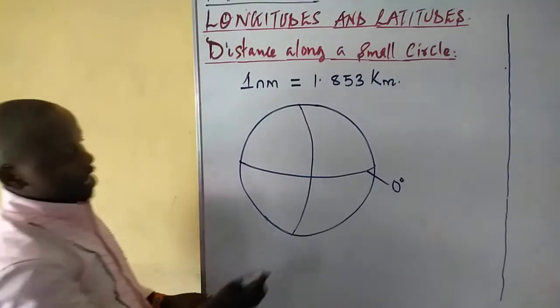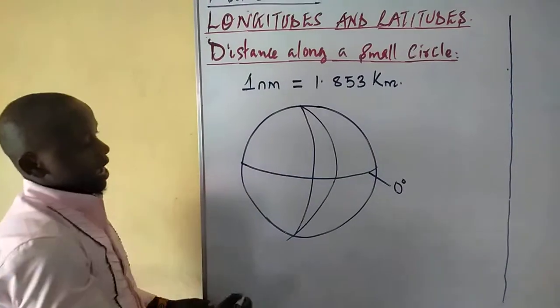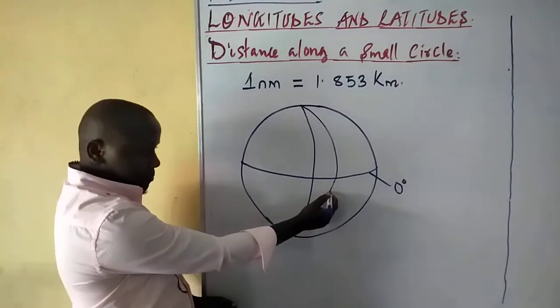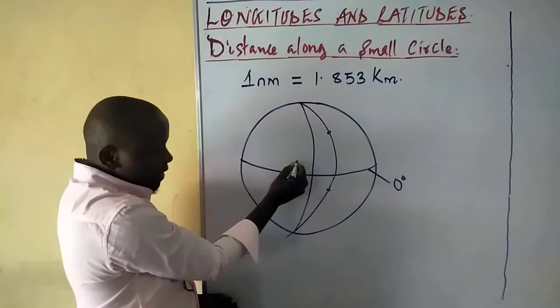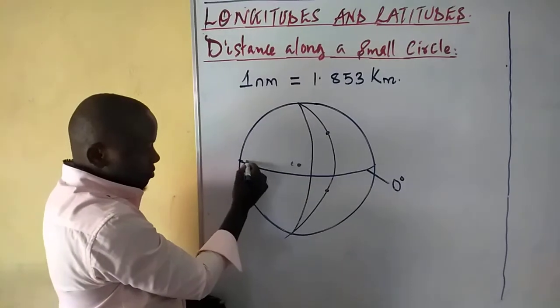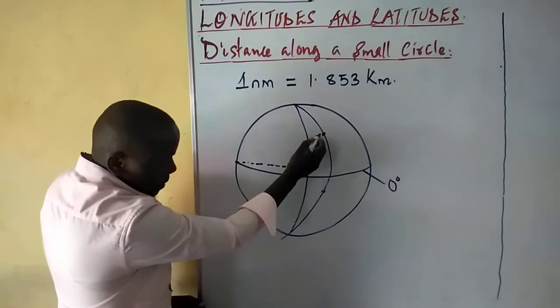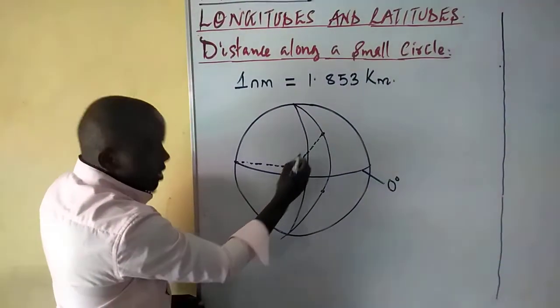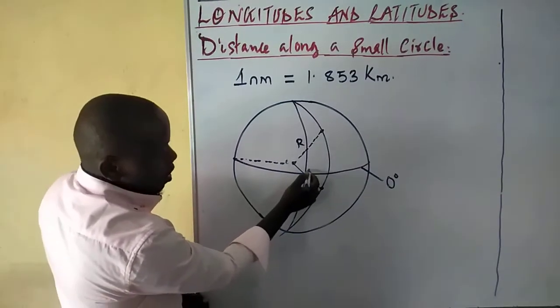So for a great circle, we had said that if this is a great circle and we have a place here and another one here, then the center of the earth is somewhere there. This place can be connected through the radius of the earth and this one.